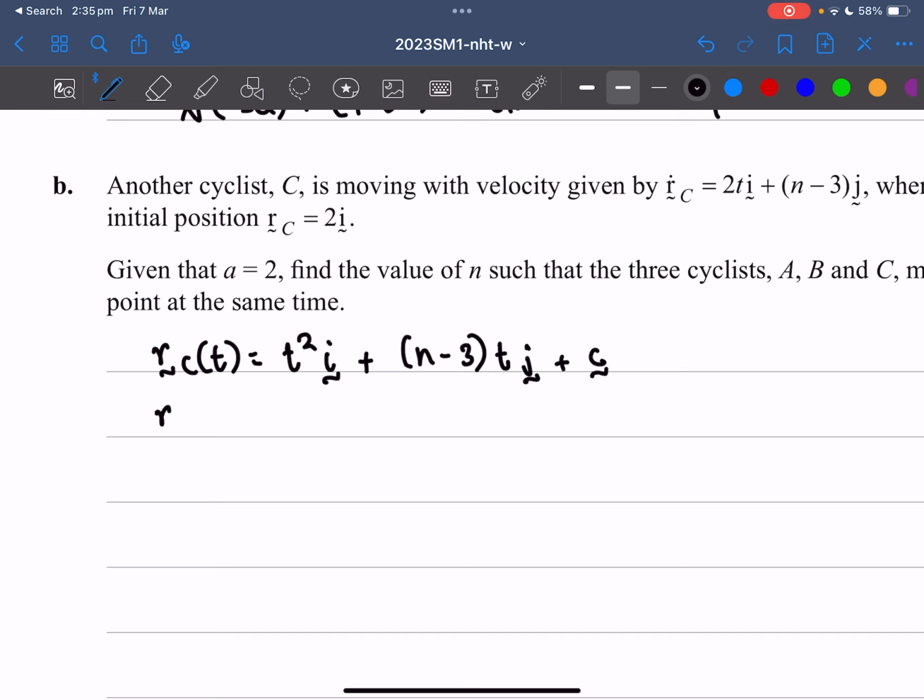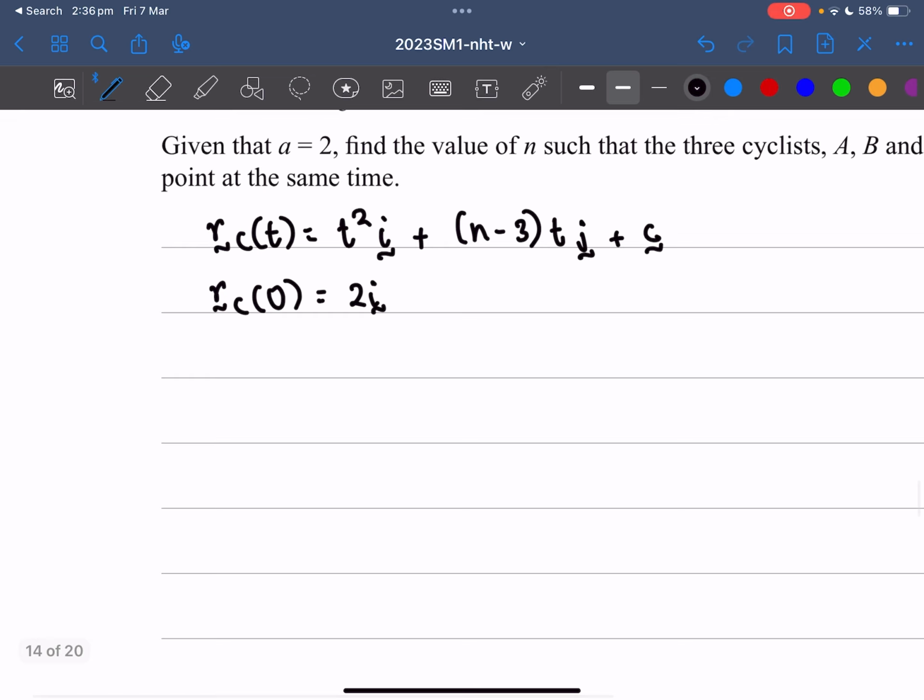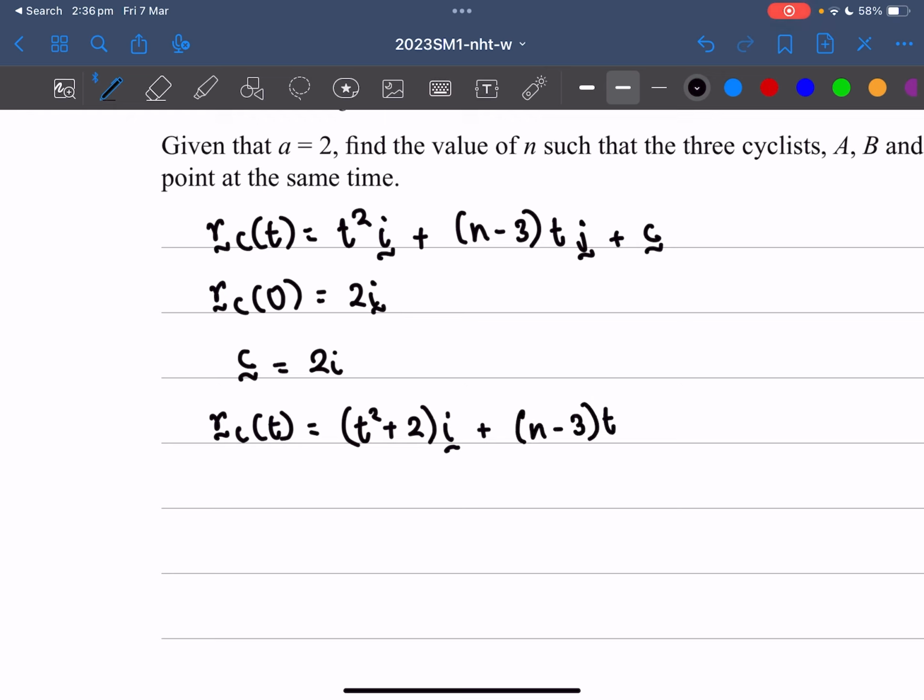And then we can say that at t equals to 0, we have 2i. So essentially, the c vector is going to be 2i. So we can write the position vector of cyclist C to be (t squared plus 2)i, and then plus (n minus 3t)j.